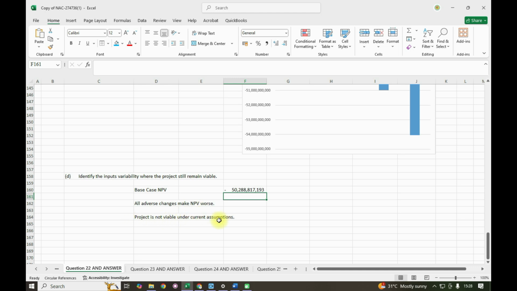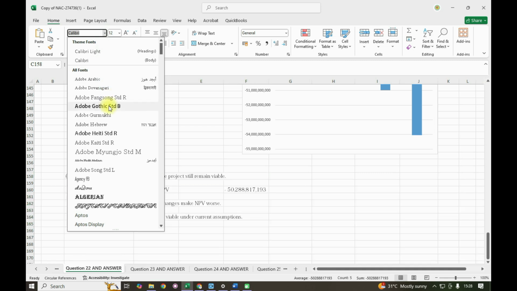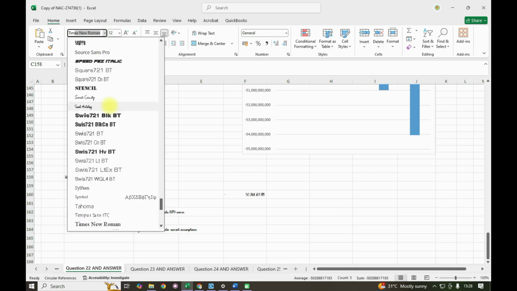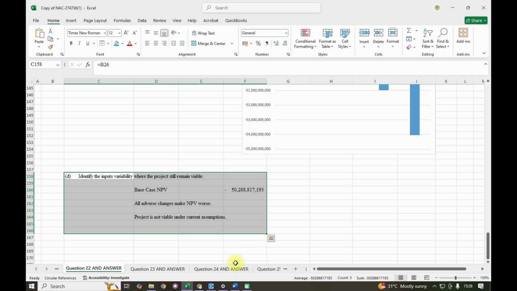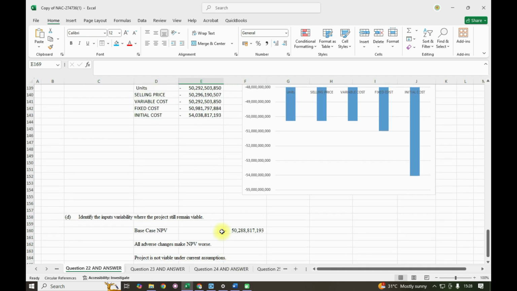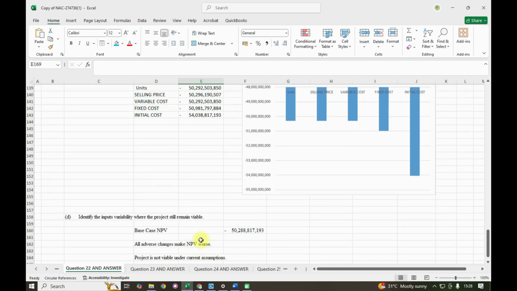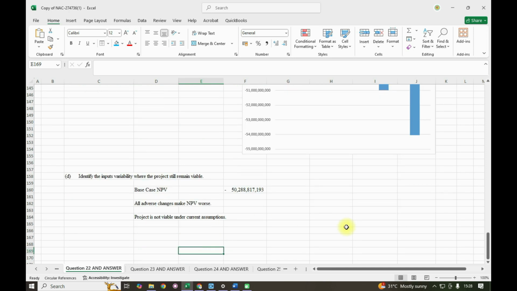So the project is not viable under current assumptions. We needed at least a positive value, but because we don't have any positive, the project is not viable under all the assumptions. So that's how the question was supposed to be done.